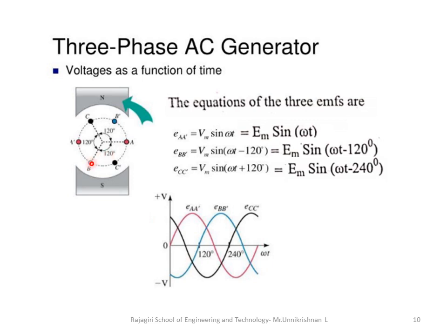So the B waveform should not start from 0, it should start 120 degree away from 0, so it starts from 120. So how will you write the equation of this waveform? It is Vm sin omega t minus 120.